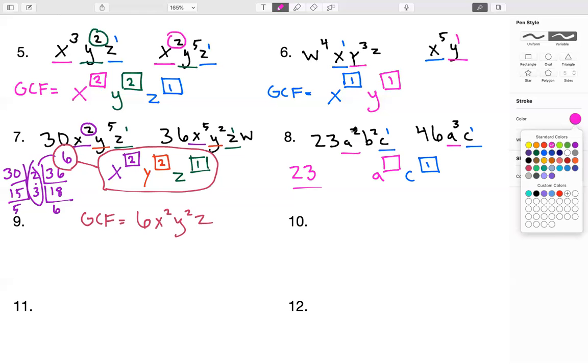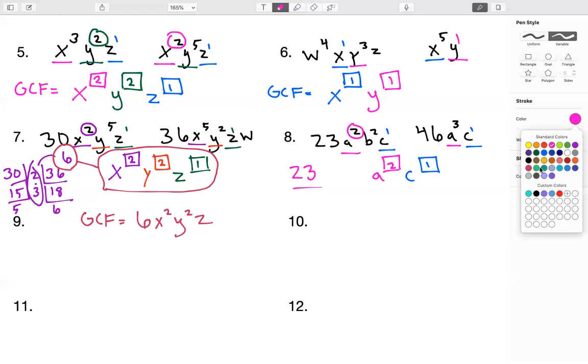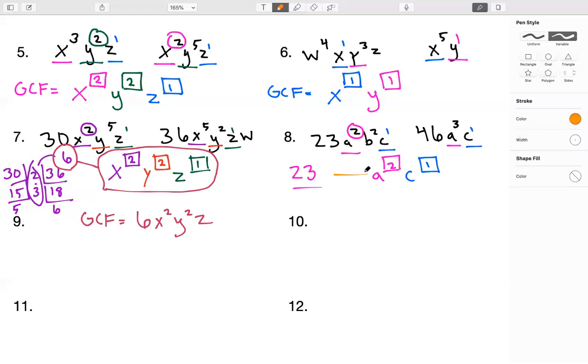And then the lower one of the a's is 2. And then, folks, all we have to do is multiply these together. Drum roll, please, and yeah, I do want you to drum roll at home. 23a squared c. And that is the GCF.